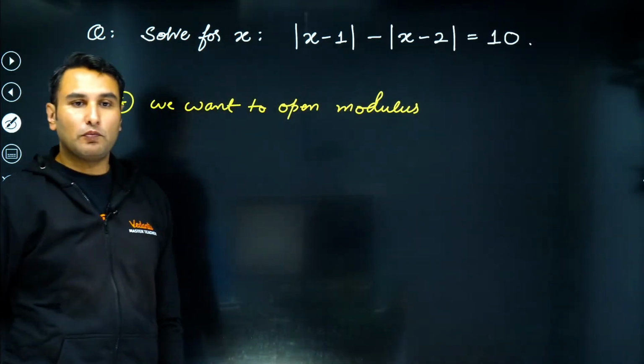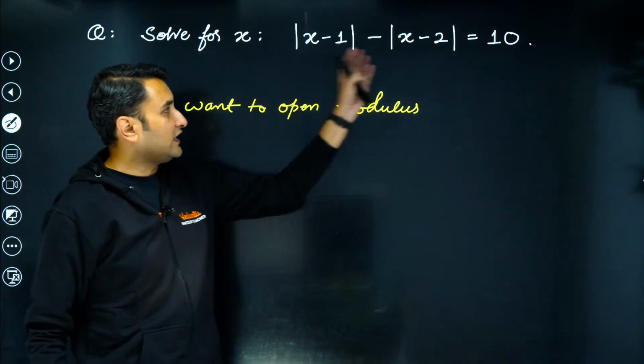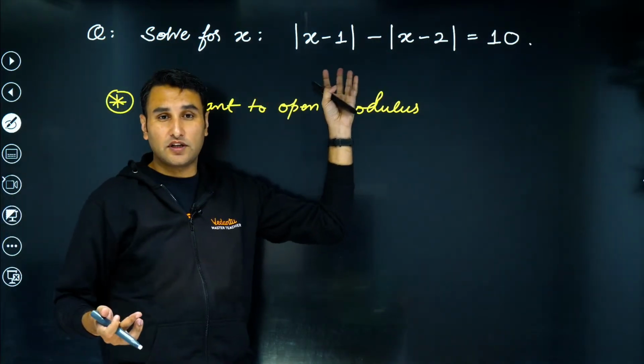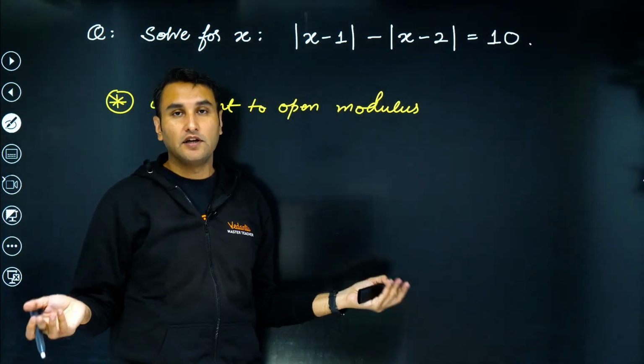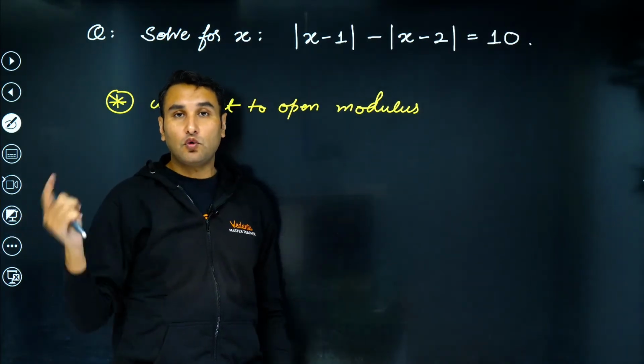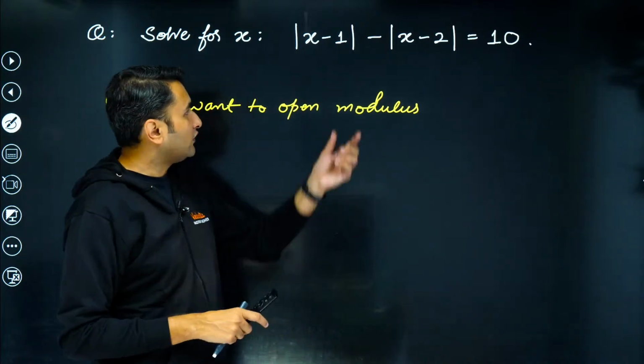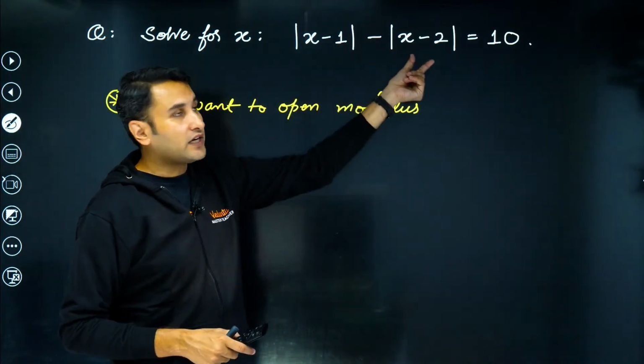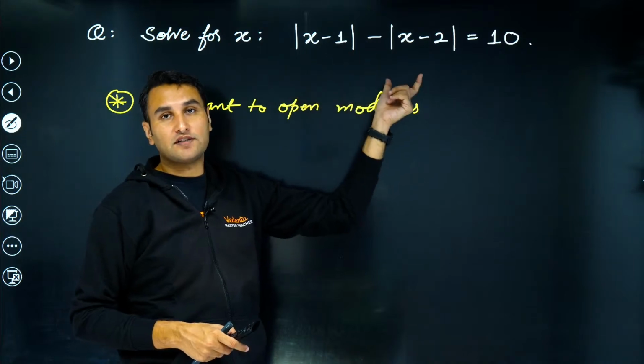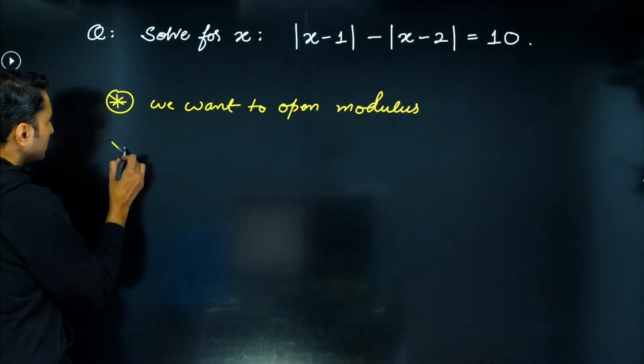So once we have opened the modulus, then we can deal with it. How do I deal with these modulus? I don't know how to add or subtract them. So I want to open the modulus. But to open the modulus, we'll have to redefine the function, or we'll have to check where what is inside the modulus is positive or negative.